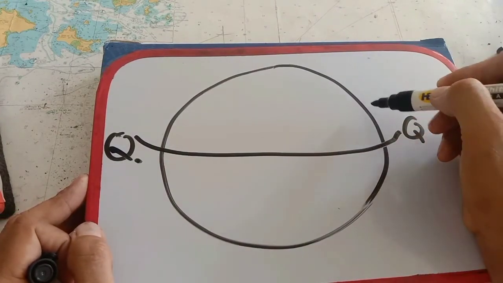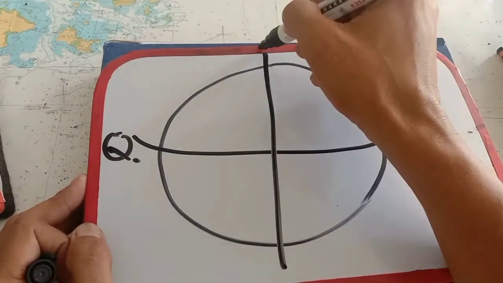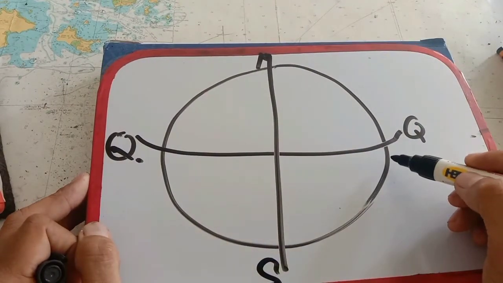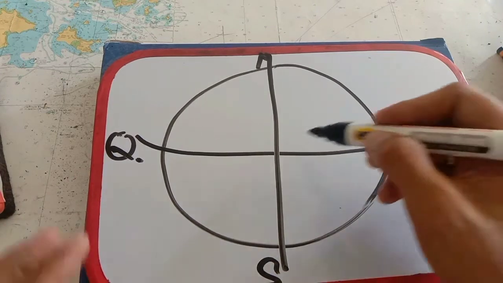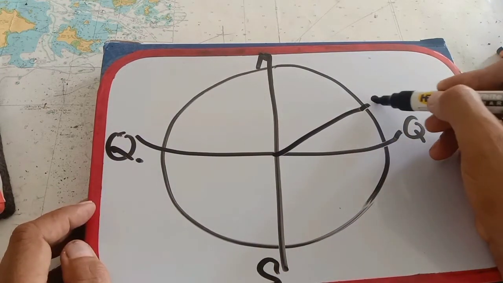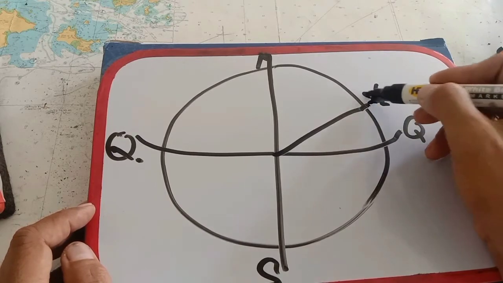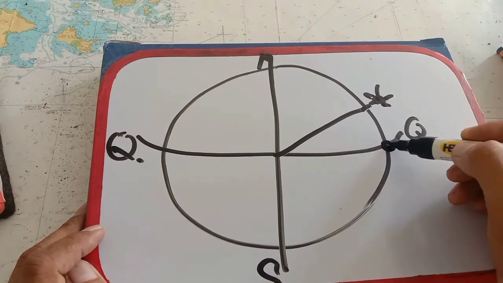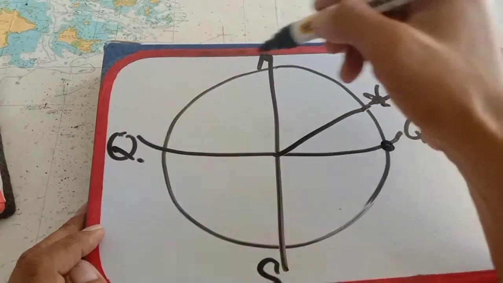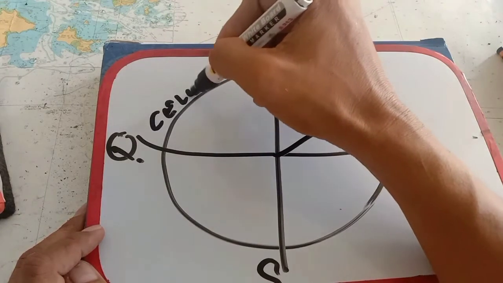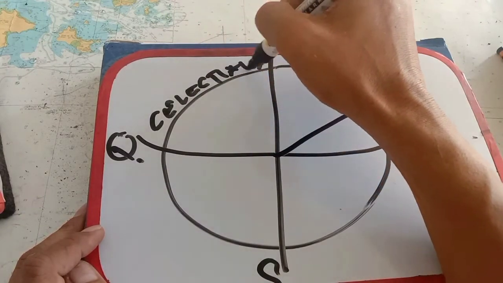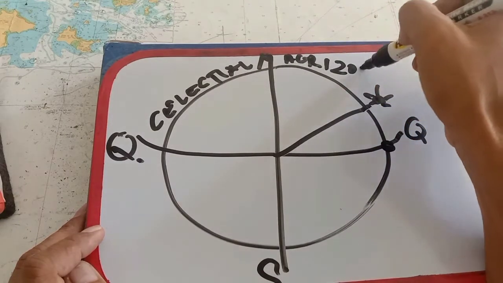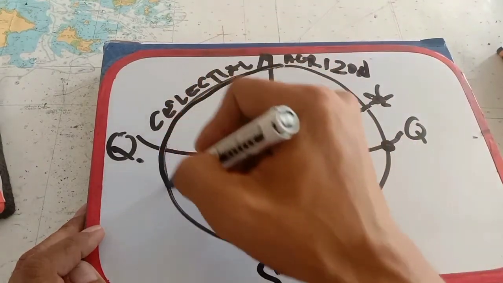Now, if this is north, this is south. Now, if this is the body, let's say the sun. So this point is the intersection of the celestial horizon. So this is a great circle.